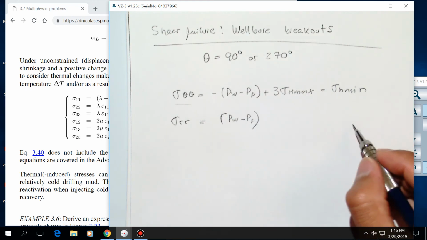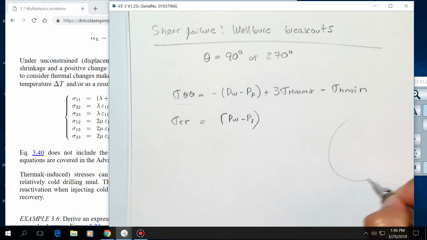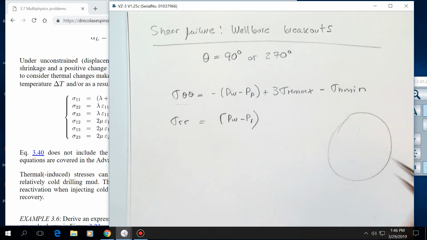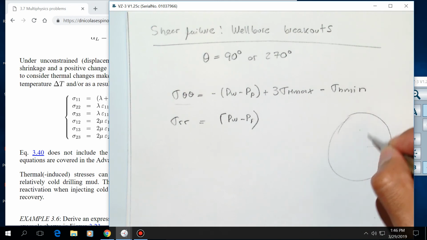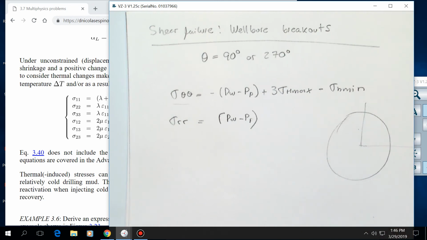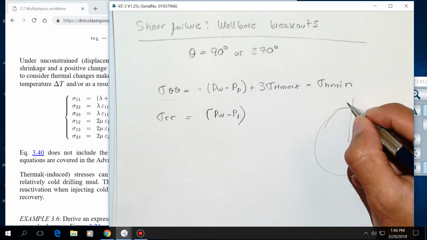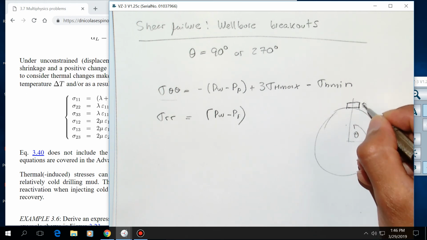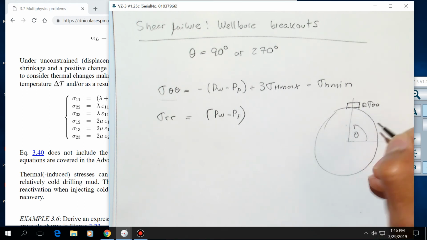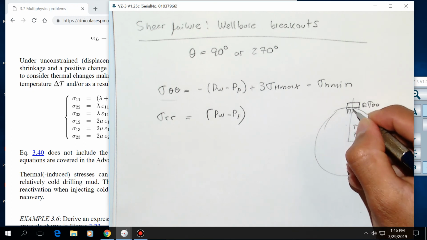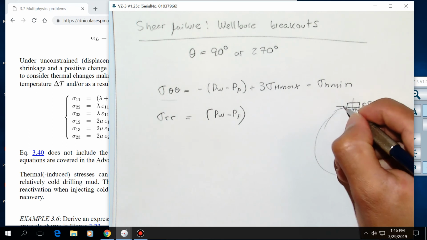And let me do a schematic of a wellbore, where this is theta, and I'm failing in shear a piece of rock over here. This is sigma theta theta, and I have a support, very similar to the triaxial test, sigma RR on the wall of the wellbore.